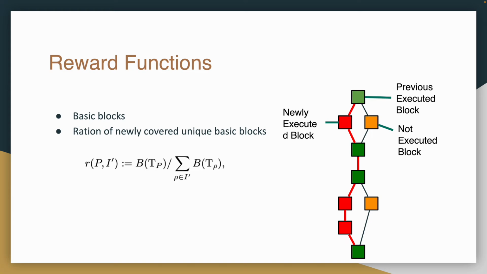And in our method, we capture all the unique basic blocks concerning each execution tree and calculate a score of all the unique basic blocks covered by the existing test suite to represent our measure of interest.